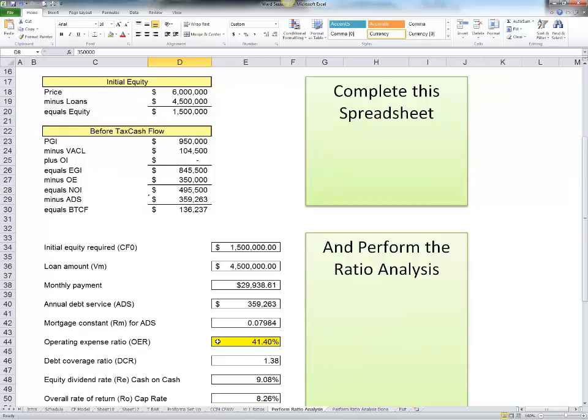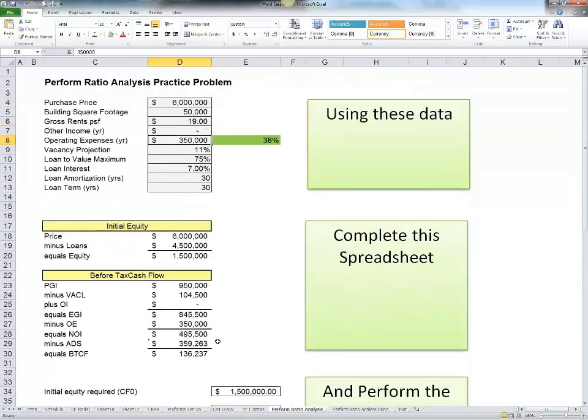So we start looking. Well, what could cause the effective gross income to be too low? Two things. Either the rent is under market, or the vacancy is over market. So let's say we take a look at this. Quick due diligence. And we say, you know what? Yeah, man, I wish that this was a $21 building, but it's not. It's a $19 building.